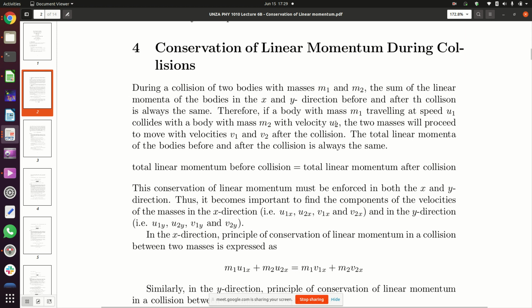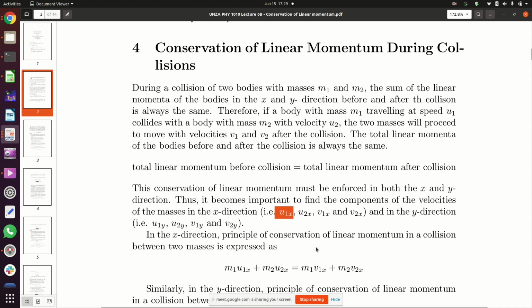This is before the collision. So you need to find out how much is the velocity of the first object u1 along the x direction, and how much is the velocity of this particular object u1 along the y direction. So you need to know what is the velocity of the first object before collision along the x direction, what is the velocity of the second object before collision along the x direction. That's what we have here.